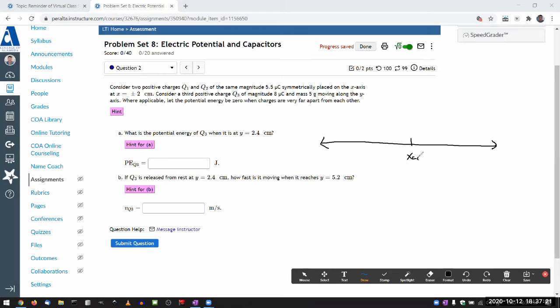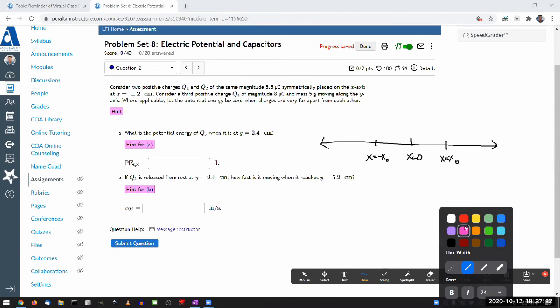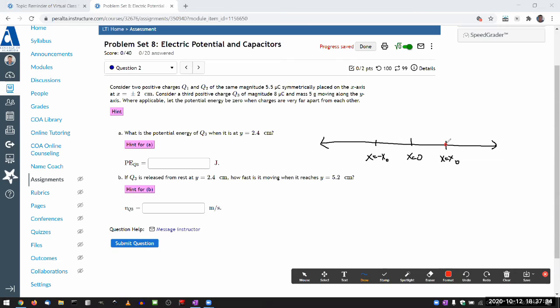Let me call this x equals 0. So I have a charge at x equals x naught, another charge at x equals minus x naught. Then you do have to take care in how you write down the expression for the potential, and the fact that the other charge is moving along the y-axis.